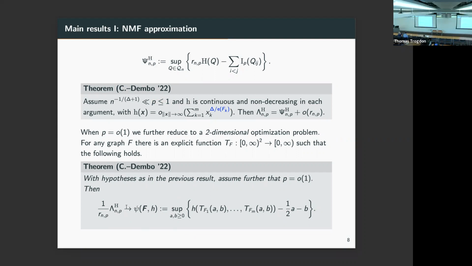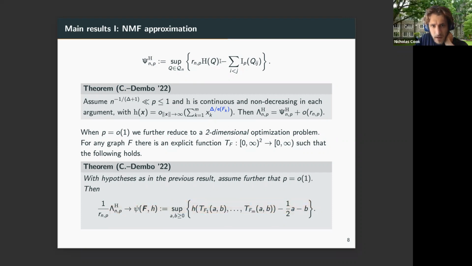So when P is going to 0, the log moment generating function normalized by this large deviation rate converges to some function psi, which is just optimizing this function.